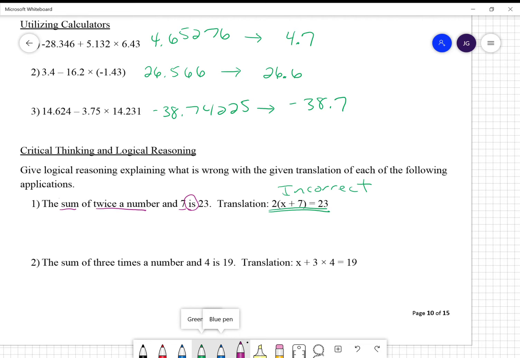So what I want to do is add twice a number and 7. That would be twice a number. I suppose I should use x. Twice a number and 7 is 23. There should not be parentheses.